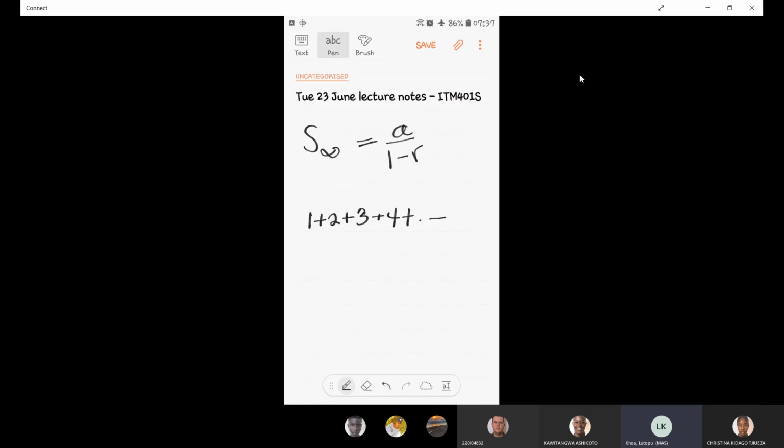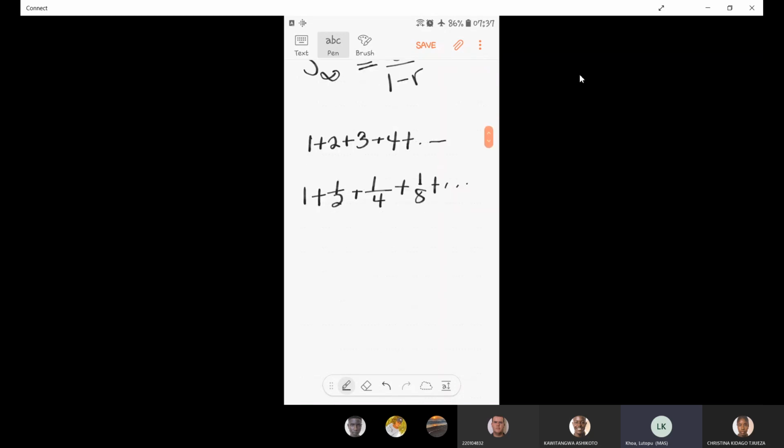Unlike if you look at a geometric progression that looks like this. This is 1 plus half plus 1 over 4 plus 1 over 8, and then you keep going in that manner. So you can think of it like a cake, for example.